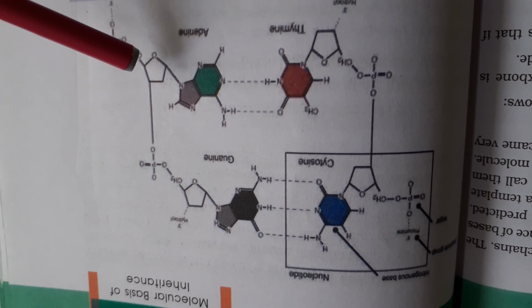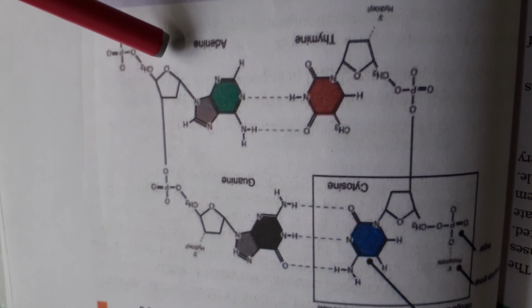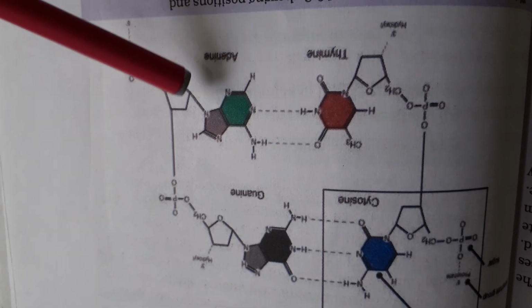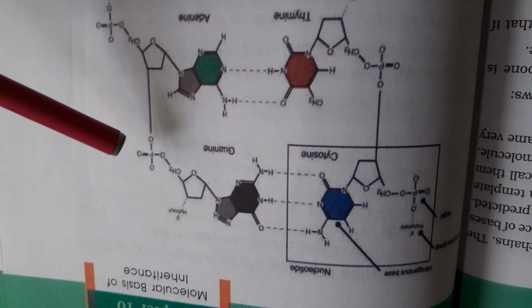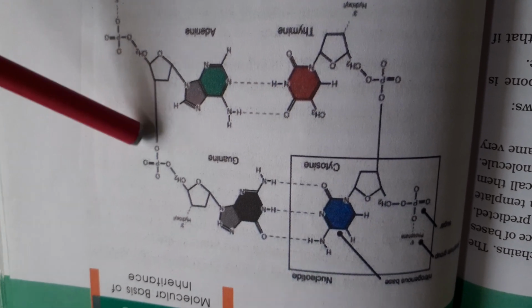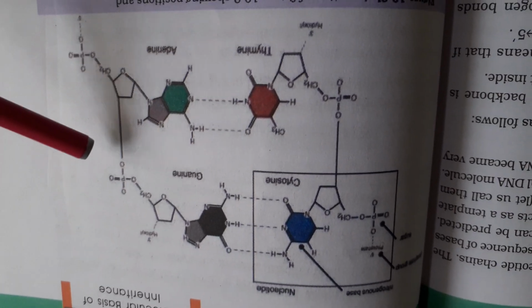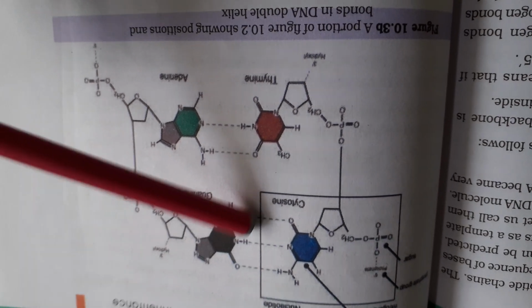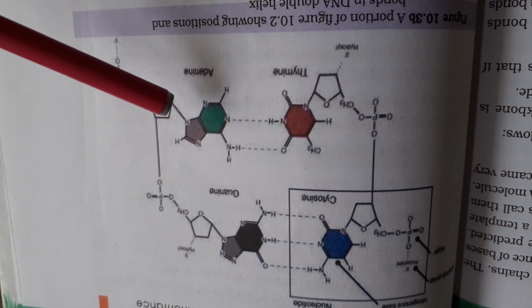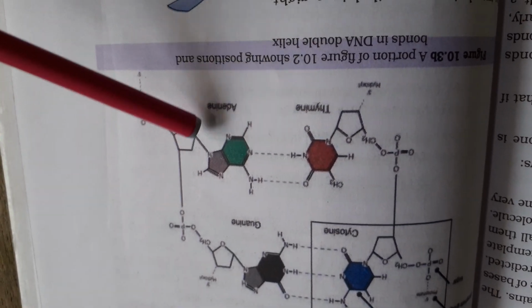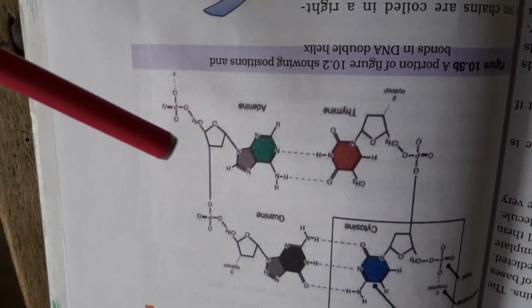The bonds present between the sugar and the base, you call a glycosidic bond, and the bonds which attach the two adjacent nucleotides, you call a phosphodiester bond. So phosphodiester bonds, hydrogen bonds and glycosidic bonds are present in the DNA structure. And DNA is anti-parallel. It is made up of two different strands.